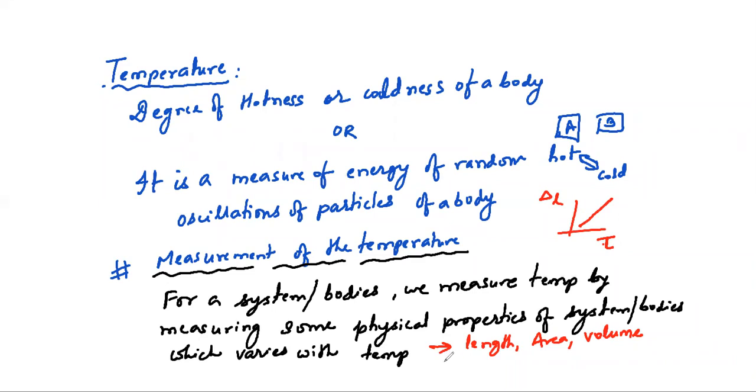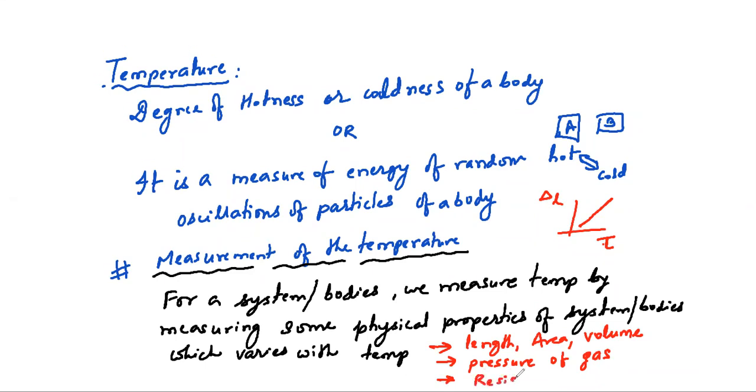All right. Or let us say, if we are using a gas, then the pressure of the gas. So there may be a gas whose pressure is varying directly with the temperature. So we may use that gas to make a thermometer. Or we may have the resistance of a wire.